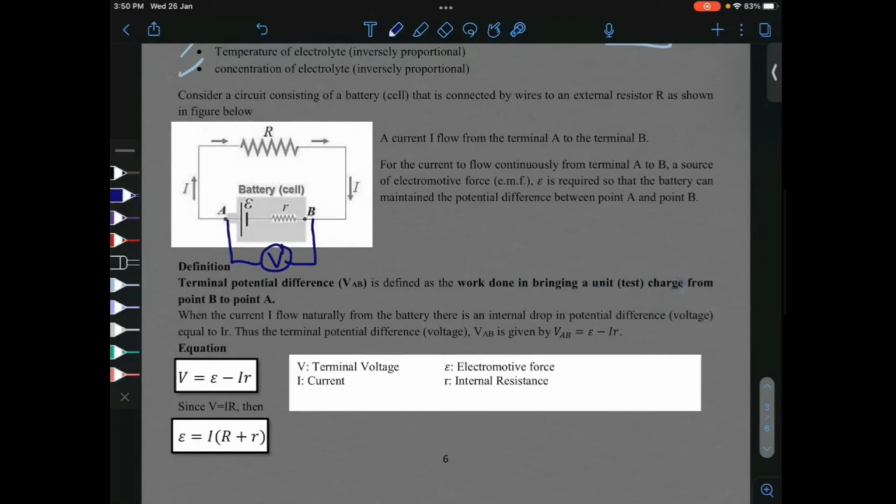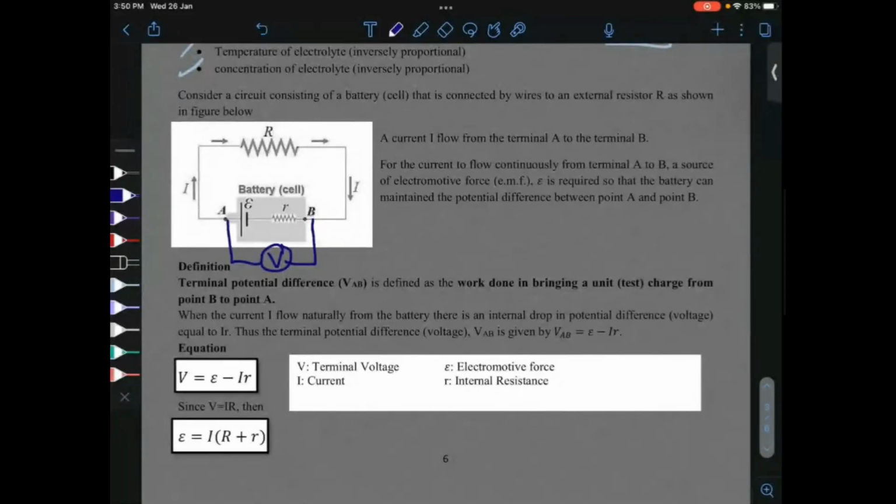Dalam chapter 2, waktu kita belajar pasal charging discharging capacitor, I have talked about when the current is flowing from positive plate to negative plate, at the same moment, electron will flow from negative to positive carrying the charge. Dia akan carry the charge.